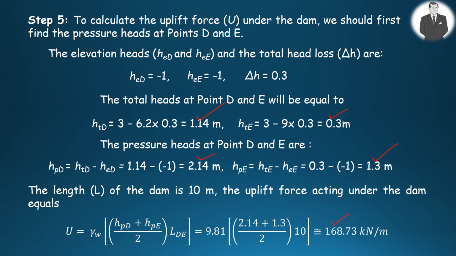Notice that we have calculated the uplift force based on 2 points, which are the end points of the dam. If you like, you can divide the length of the dam into several distances and determine the pressure or water pressure at each point, then calculate the uplift force more accurately.